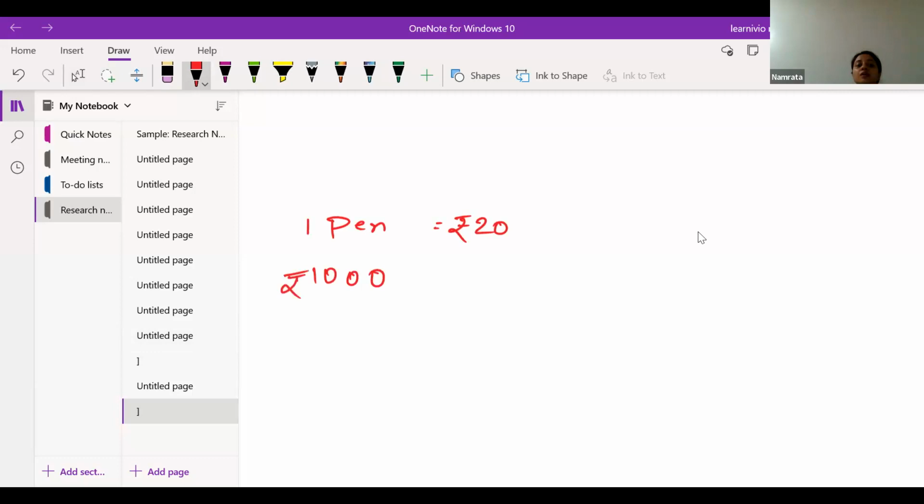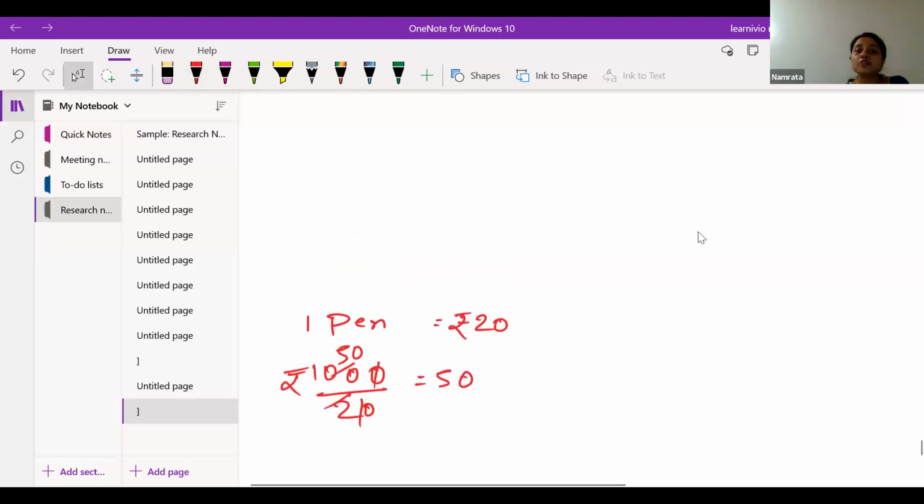So what will you do? 1,000 divided by 20, right? That means 50 pens you will be able to buy with that, right? Right, Jasleen and Madiha? Yes, ma'am.